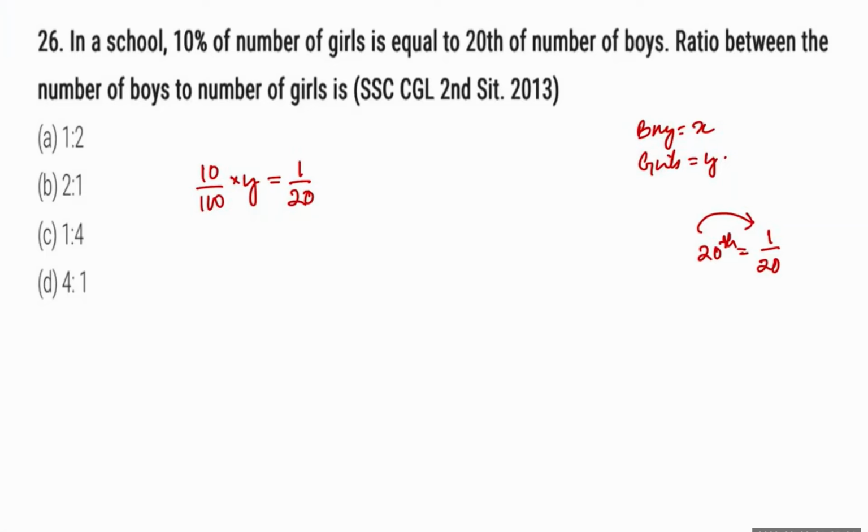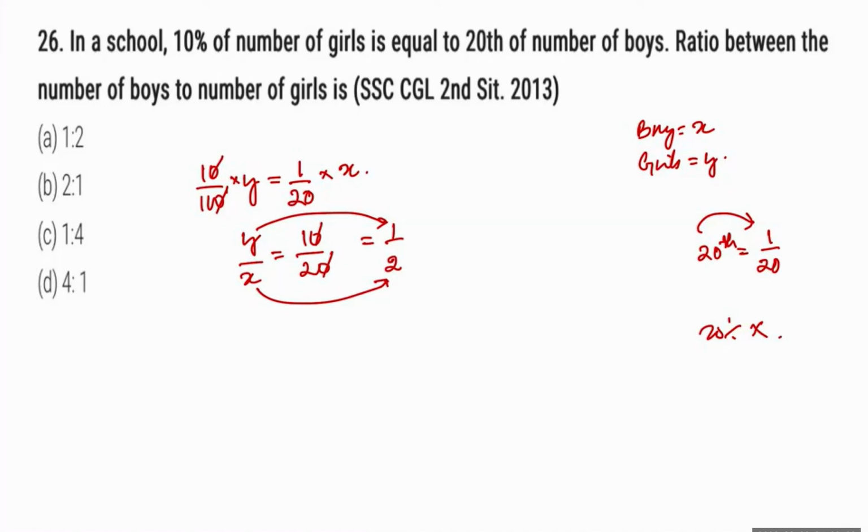If boys are x, then the zeros cancel and we get y. So the ratio is boys to girls equal to 2 to 1. Number of boys to the number of girls: boys is 2, number of girls is 1.